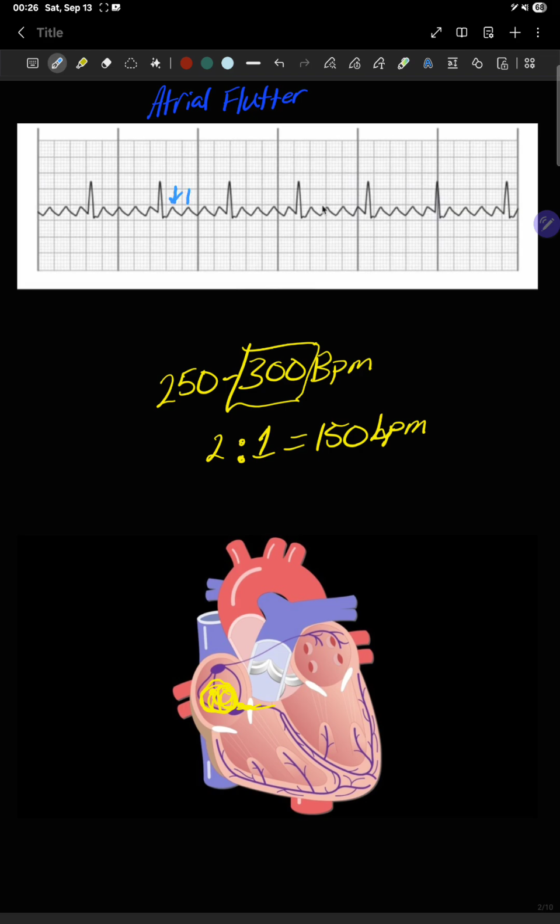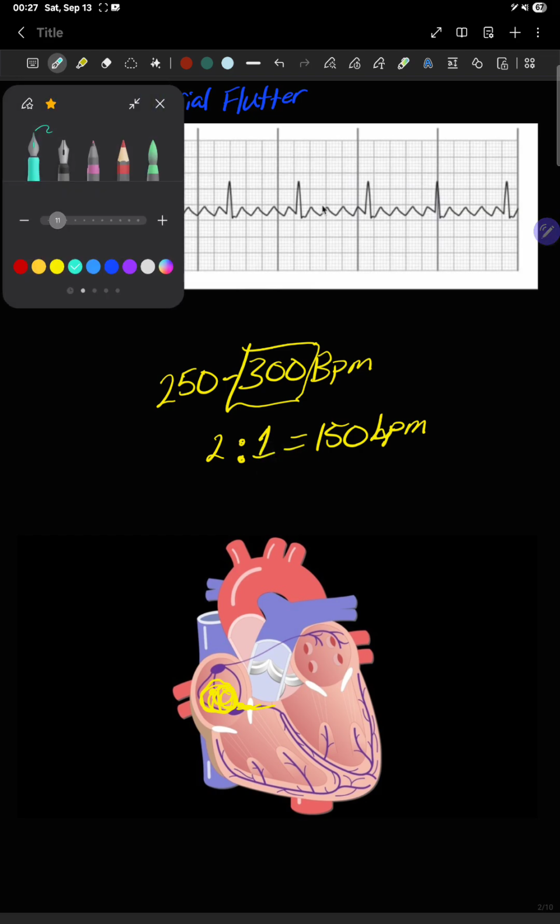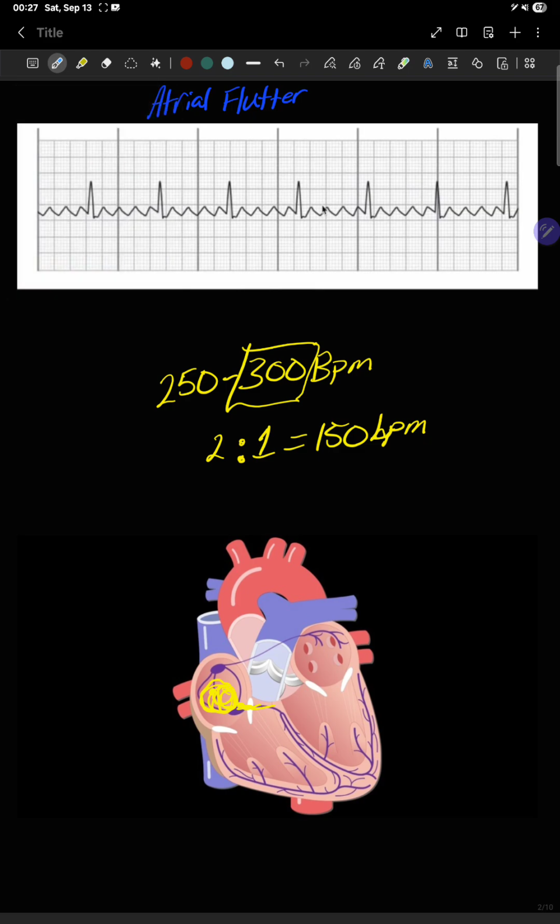Do you see these right here? Now, a characteristic of atrial flutter is these P waves. These P waves right here, see how they look like teeth?